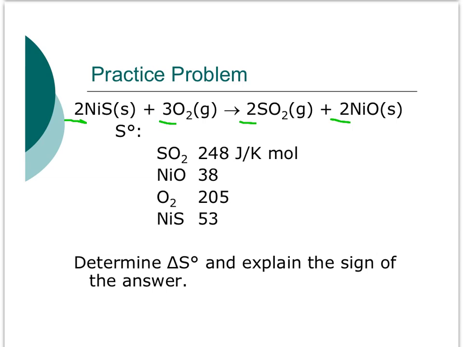And then I've listed here, these numbers here are the standard entropies that you would look up in the back of the textbook, in the appendix. So I'm going to go ahead and do the simple products minus reactants calculation.